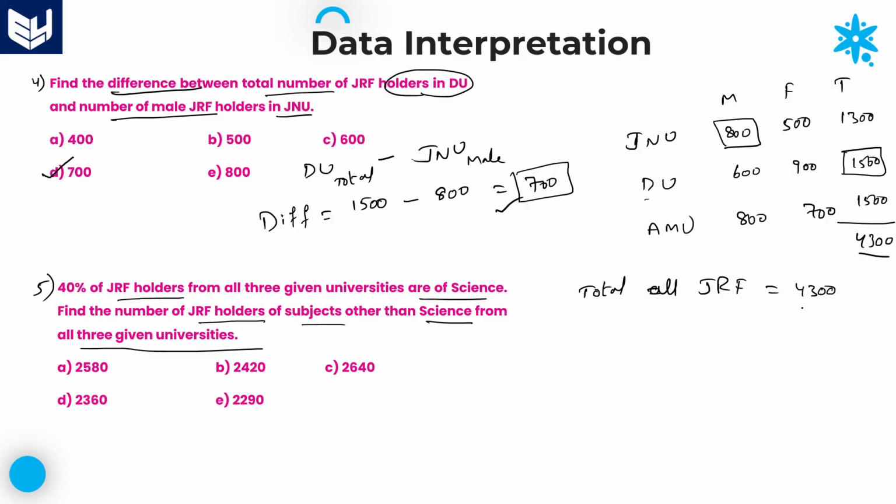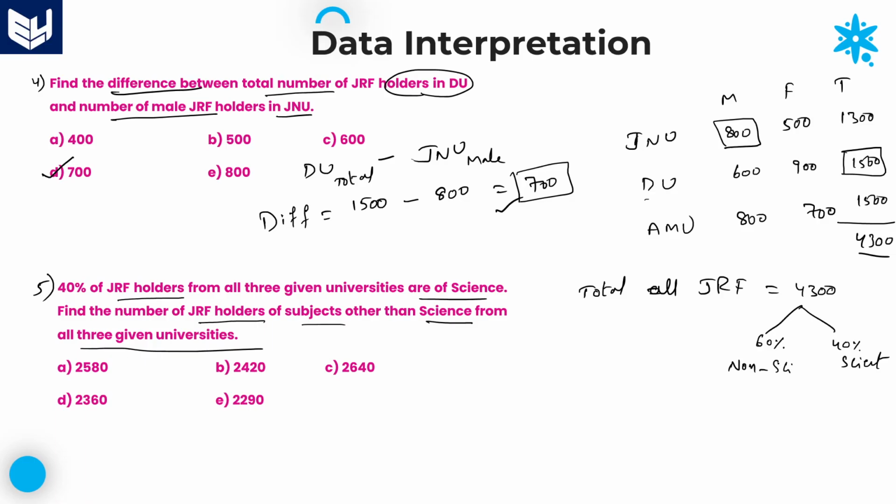In this 4300, 40% are science. Whereas the remaining 60% are non-science, or other than science subjects.